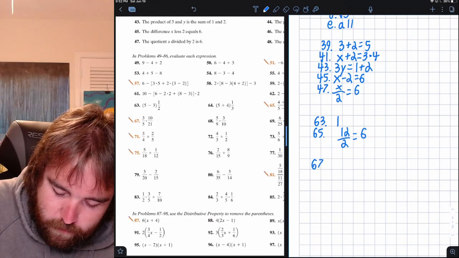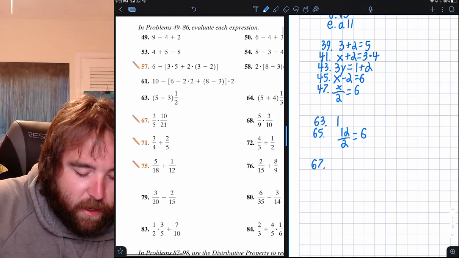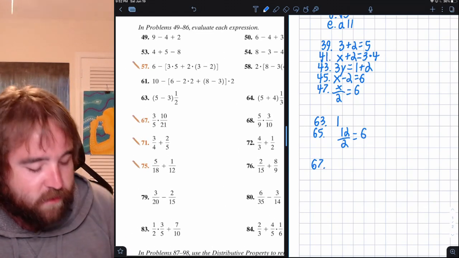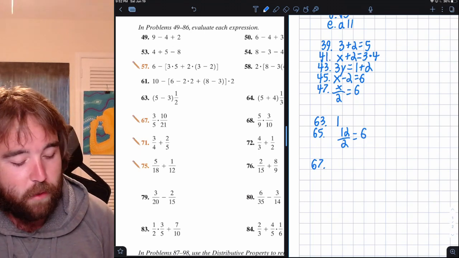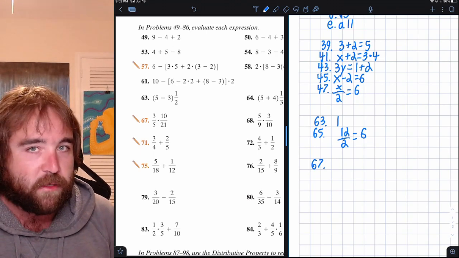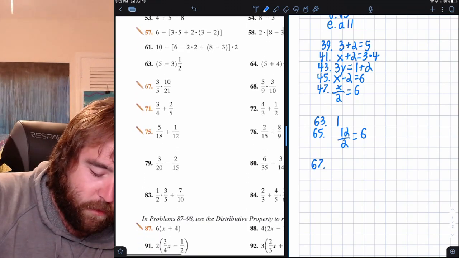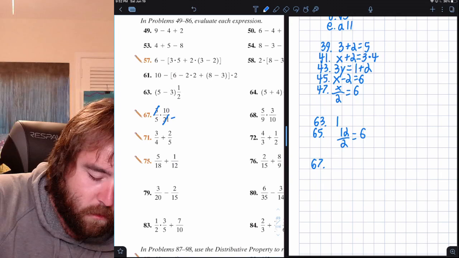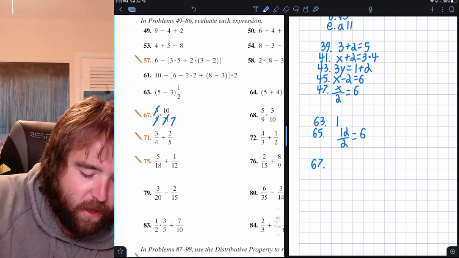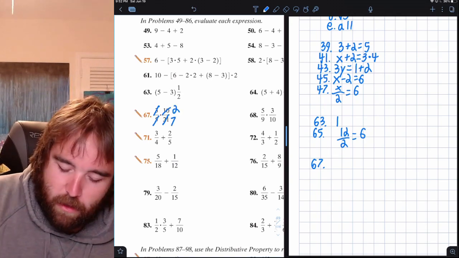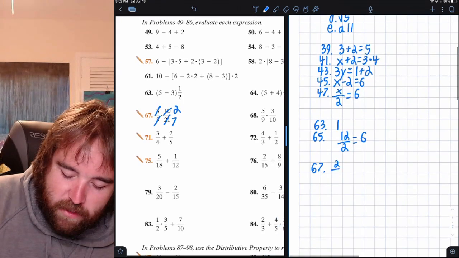67. So we want to cancel stuff before we multiply. We could just multiply across, of course, because that's how you multiply fractions. But then we're going to have a really hard time canceling. So we need to try to cancel first. So we see we have the 3 and the 21. We see we have the 5 and the 10. And then that's just the answer, 2 over 7.